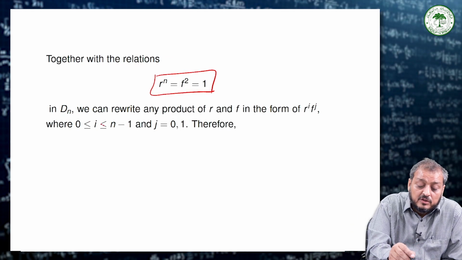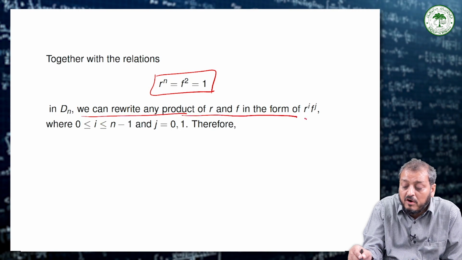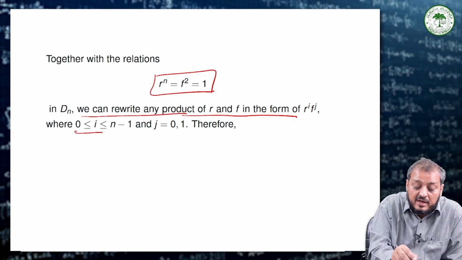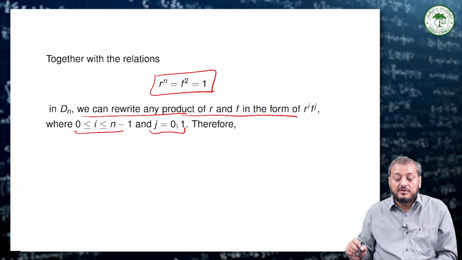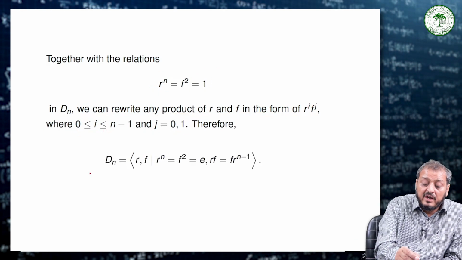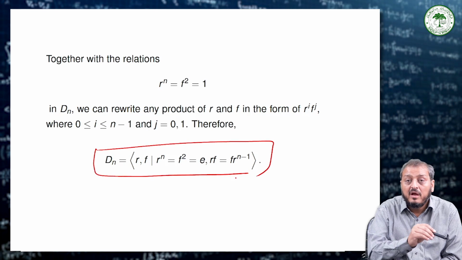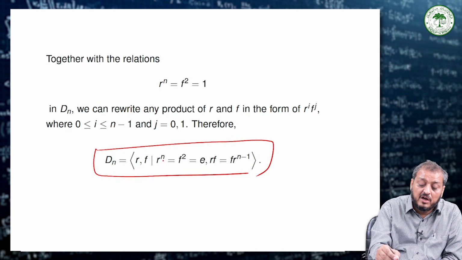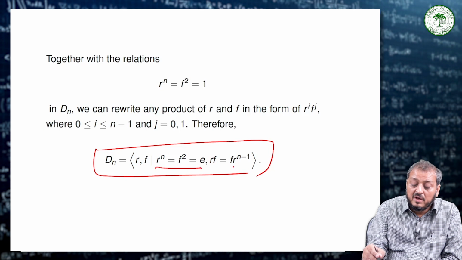So in Dn, we can rewrite any product of r and f in the form of r to the power i, f to the power j, where i lies between 0 and n minus 1 and j is equal to 0 or 1. Therefore, the standard notation of a dihedral group Dn is generated by r and f, rotation and reflection, where r to the power n and f square are the identity.